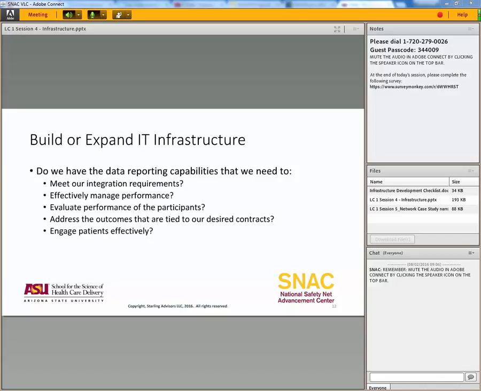But EHR data is just the tip of the iceberg. We're now also being expected or asked to manage with information about cost and utilization, which typically comes from claims data, either from the payer or from the state. Most safety net provider organizations we've worked with, in fact, the overwhelming majority, over 95% of the organizations we've worked with, have no infrastructure and in most cases no experience working with those types of data sets.